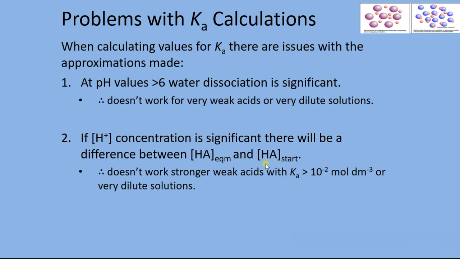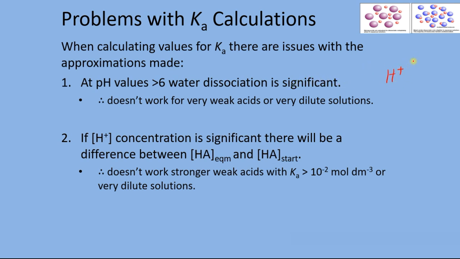Okay, so these are the limitations of Ka value calculations, the problems in using the Ka expression. The pH value that you calculate using the Ka expression for anything more than 6, that's a really weak acid. Then the water dissociation matters. Water also produces some H plus ion, and this is not going to be the same because you have other ions in the solution.